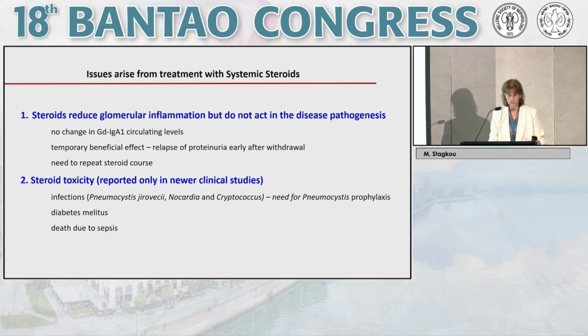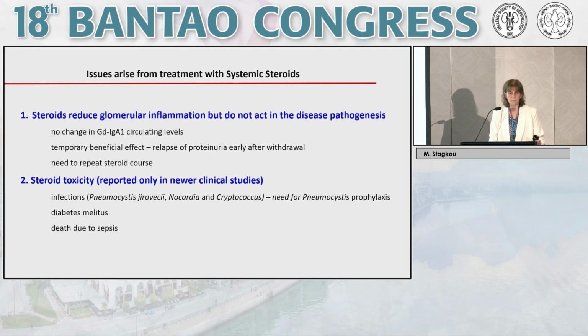So there are 2 issues arising from the steroid treatment in IgA nephropathy. The first one is that steroids can reduce glomerular inflammation, but they do not act on the disease pathogenesis. Why is that? Because we didn't find any change in the circulating levels of deficient glycosylated IgA1, and because they have also a temporary beneficial effect, and we are all aware of the relapses in proteinuria in patients taking steroids, either in the POSI regime or in the MANO regime.